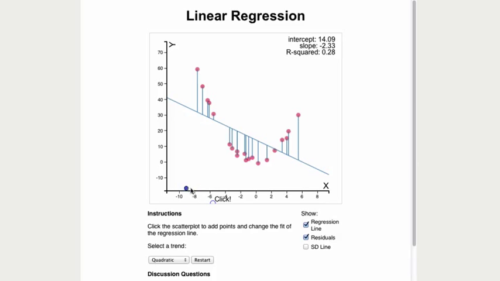For small values of x, the linear regression underpredicts the values of y. For middle values of x, the linear regression overpredicts values of y. And finally, for larger values of x, the linear regression underpredicts values of y. Obviously, there's a quadratic relationship between these points that's not being captured well by this linear regression.